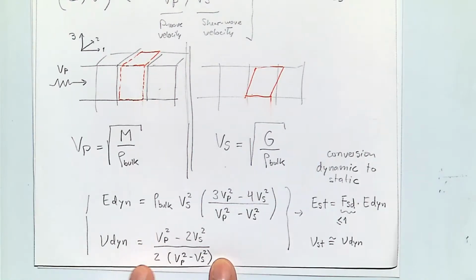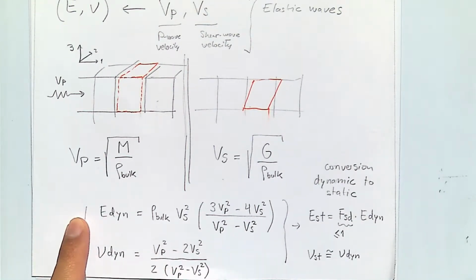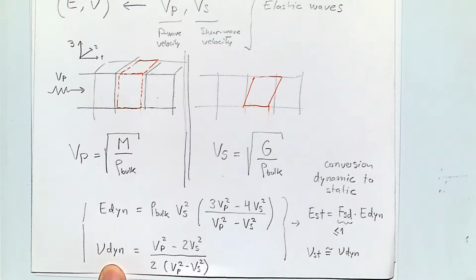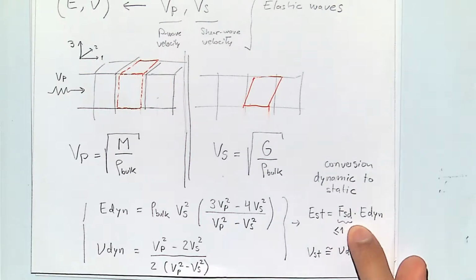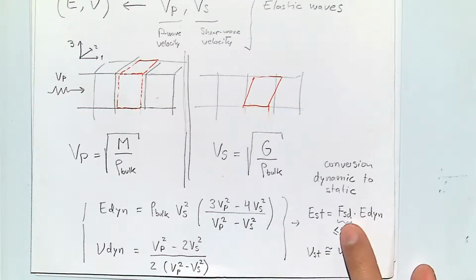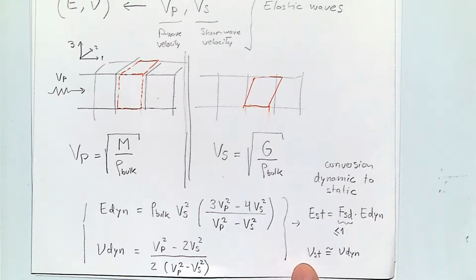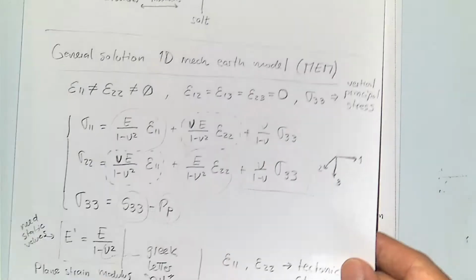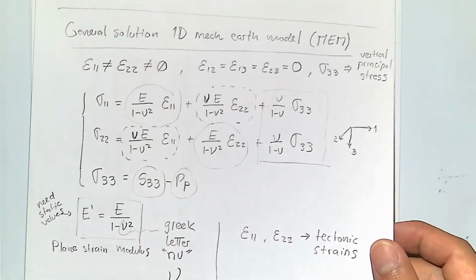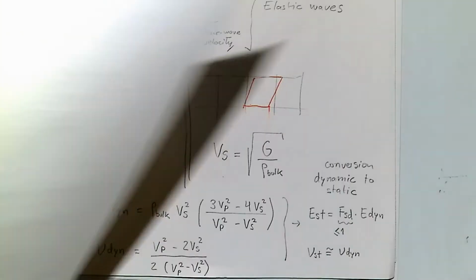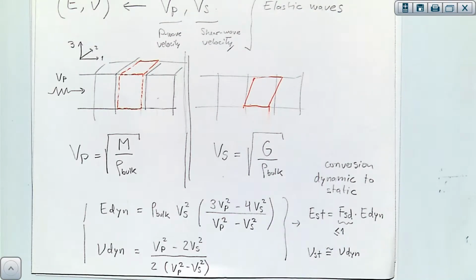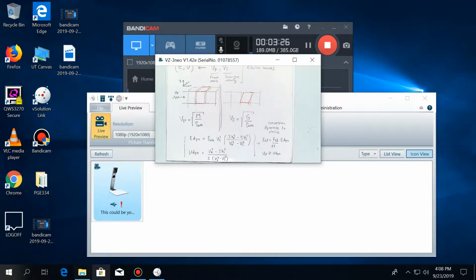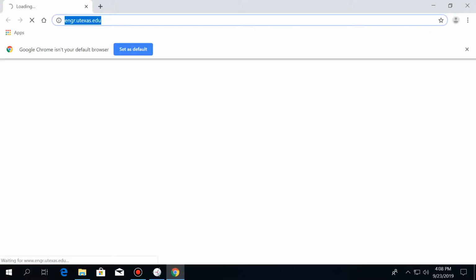With that VP and VS, you have to calculate the dynamic Shear modulus and dynamic Poisson ratio, and multiply that times the conversion factor from dynamic to static, so that you get the static coefficients. And with that, you're going to use these equations to tell you how stresses vary as a function of depth. So let me show you an example, which is simpler than the one that you have in your notes, but it's similar.